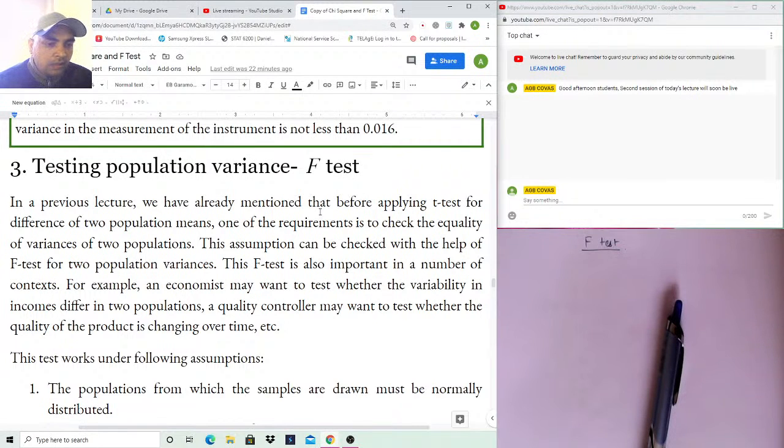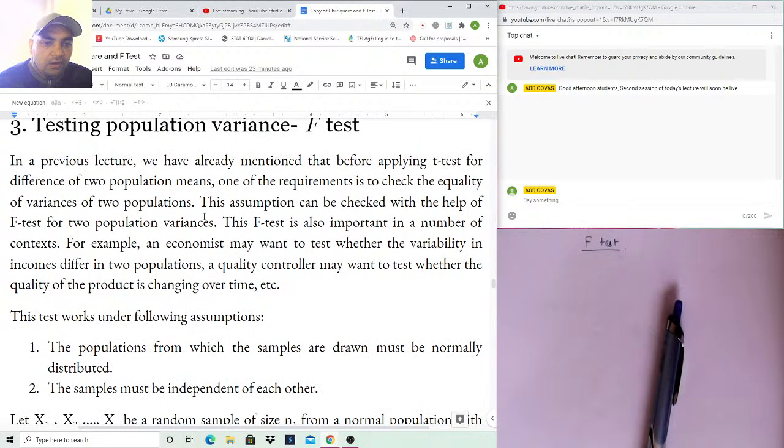Now, we will be taking up our next test, and that is the F test. In our previous lecture, we already mentioned that before applying the t-test, for differences of two population means, one of the requirements is to check the equality of variances of two populations.